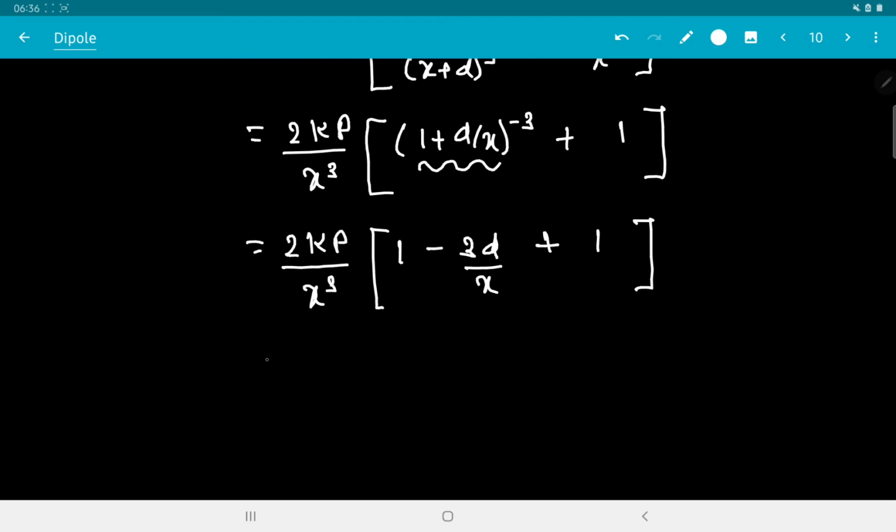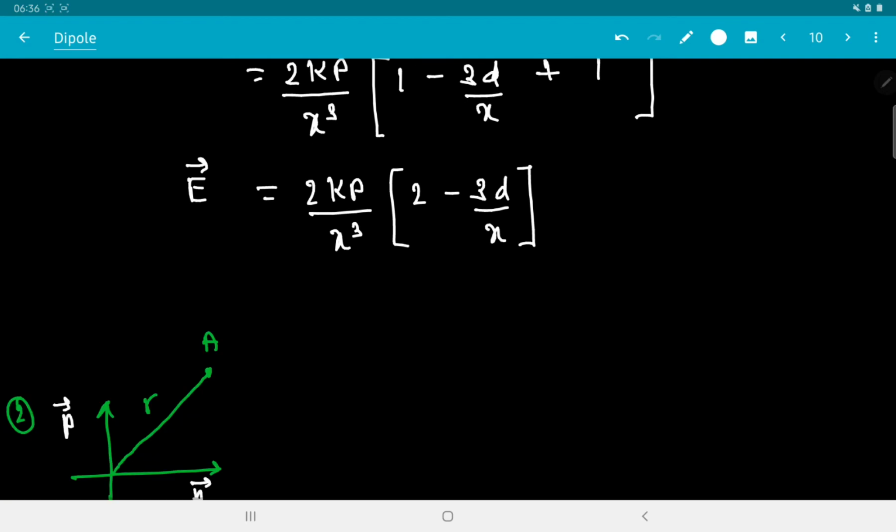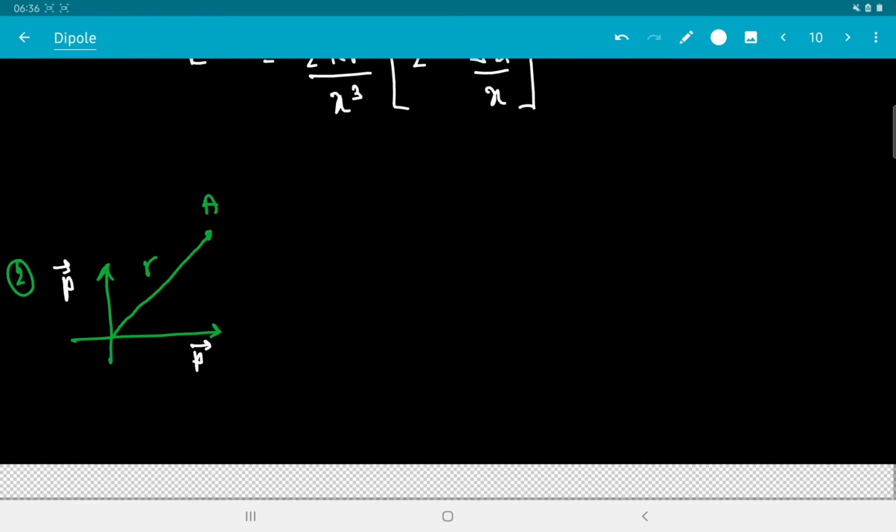So this will be 2Kp, and inside the bracket we'll get 2 minus 3d by x. If required we can solve this further, otherwise we can leave it here. Now let us look at the next problem.